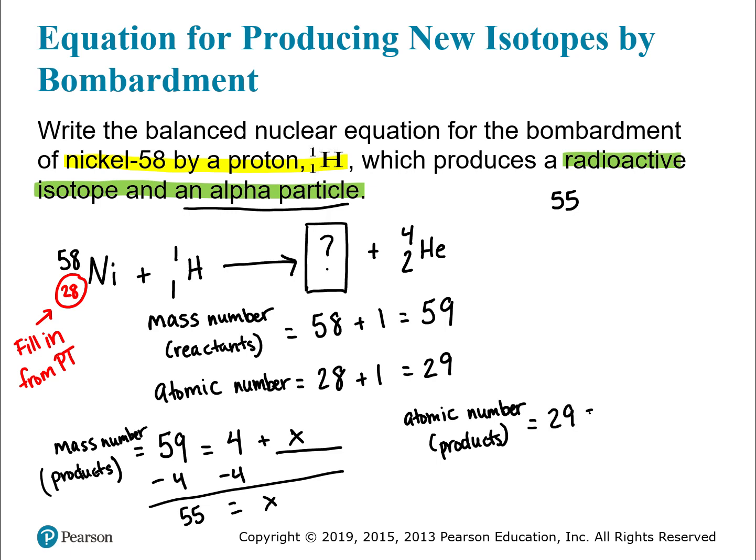So 29 is equal to the atomic number from the alpha particle, which is 2, plus our unknown. We'll call that y. Subtract 2 from both sides. And 27 is equal to y. That's our atomic number.